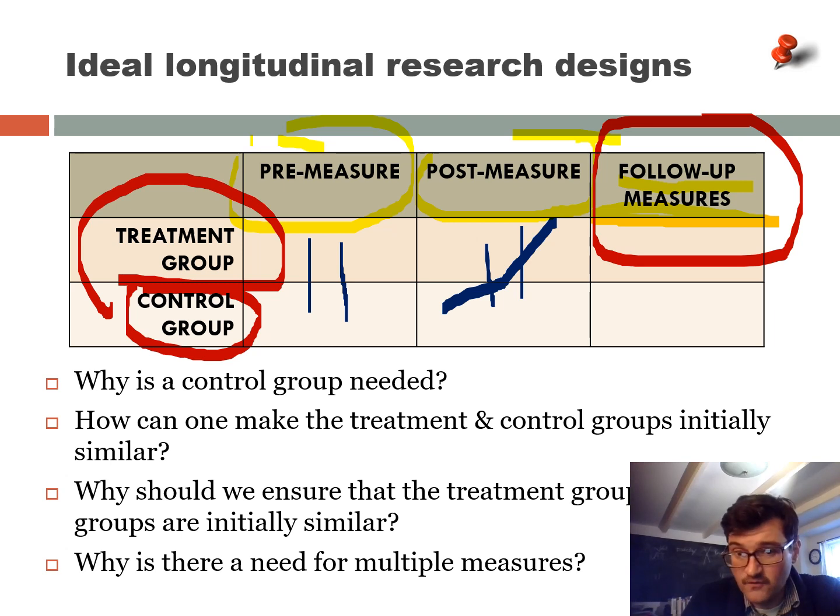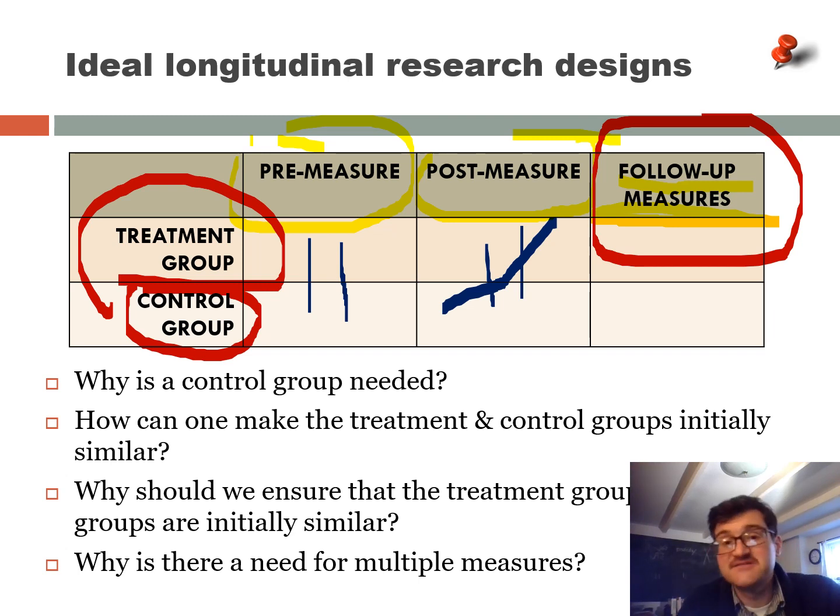And so if we don't have a control group, what we'd see is, okay, accidents went down in our single group design. But if we have a treatment and a control group, we'd be able to see, did it work for the treatment group but not for the control group? Then we have a better idea that the program is doing it. Whereas if neither the treatment group nor the control group change, or if both change, we'd have some evidence that it's not the treatment that's doing anything.